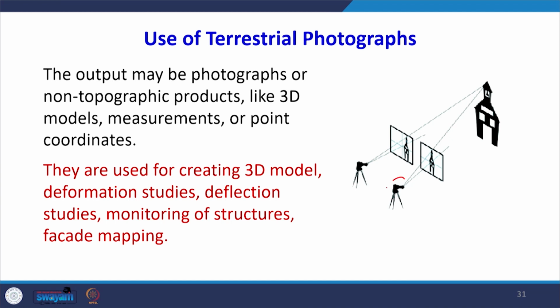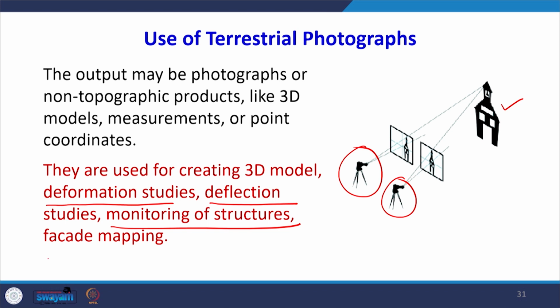So these are the 2 positions of the camera from where this building face has been mapped. We have 2 photographs and there is some overlap. So we can also use them for creating a 3D model and finding out the coordinates of different points, and the biggest use is for deformation study, deflection, monitoring of the structure, and facade mapping.